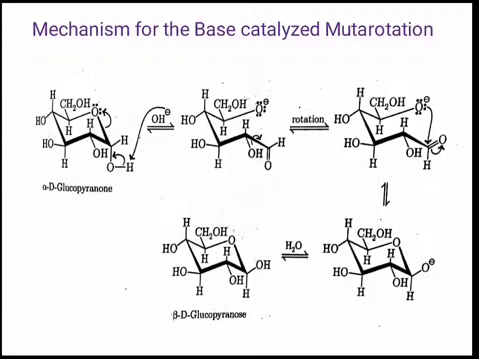Mechanism for the base catalyzed mutarotation. Now if you give base, in case of basic medium, there is also mutarotation possible. At first the base will take this proton, which is in the anomeric OH, so this oxygen will become minus, and after that the oxygen will give the electron in this C-O bond.